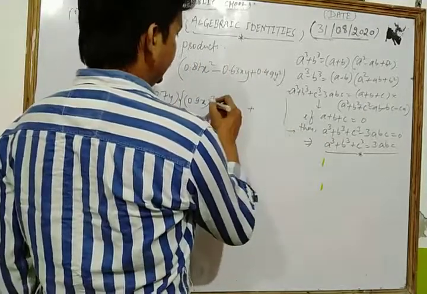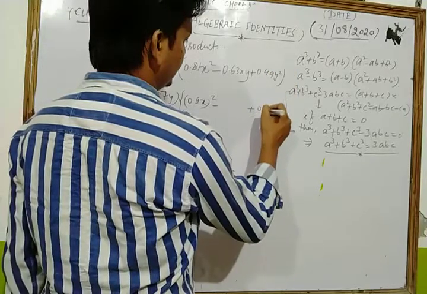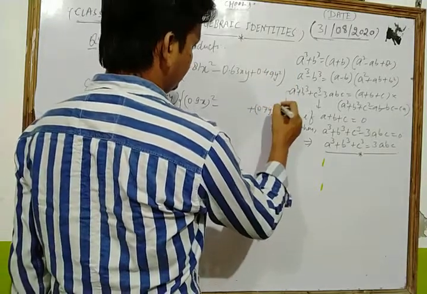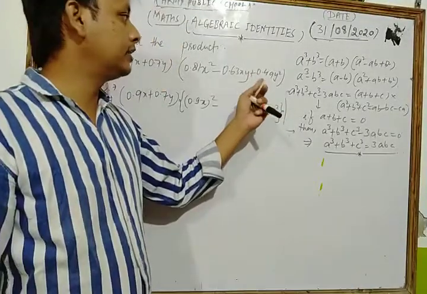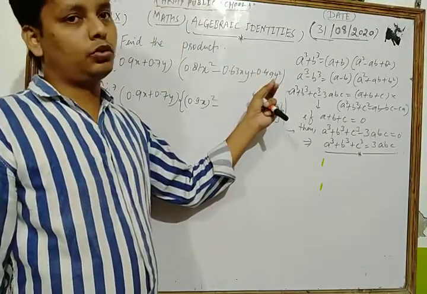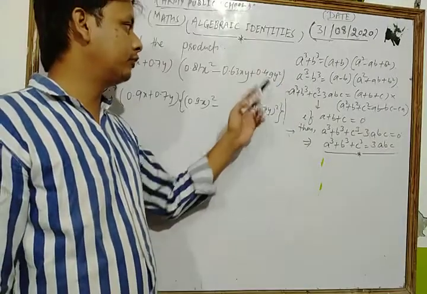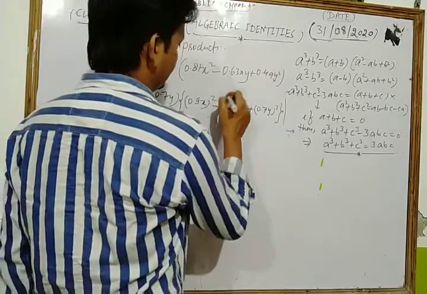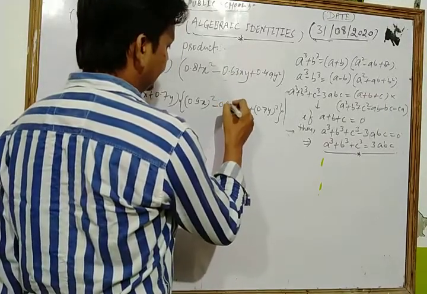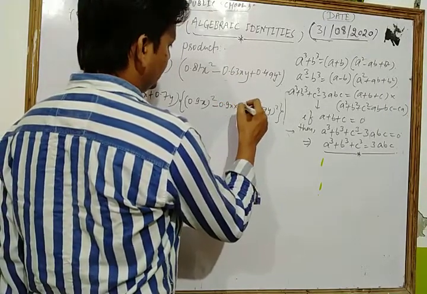And we write this as 0.7y square, because if we square 0.7y, we get 0.49y square. So we can write 0.49y square in this way. We write this as 0.9x into 0.7y.